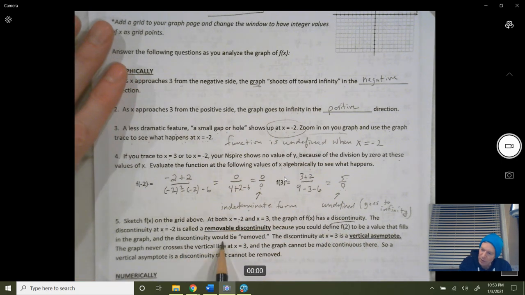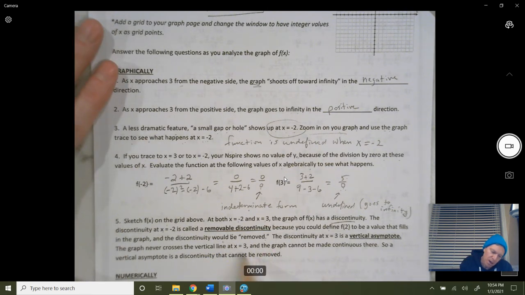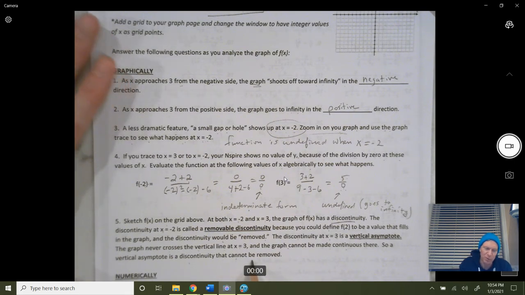The discontinuity would be, quote, removed, okay? The discontinuity at x equals 3 was a vertical asymptote. Okay? The graph never crosses the vertical line. At x equals 3, the graph cannot be made continuous here. So a vertical asymptote is a discontinuity that cannot be removed.